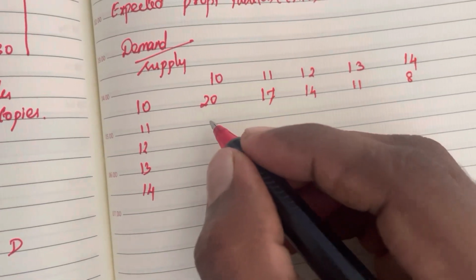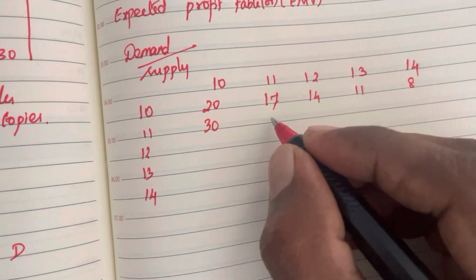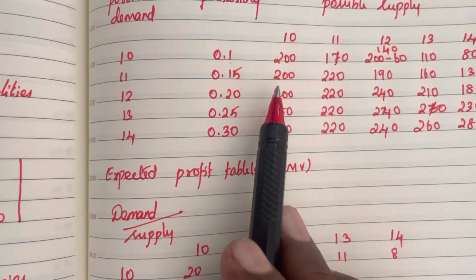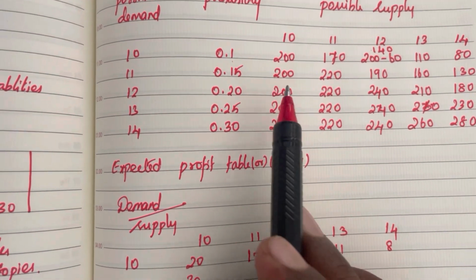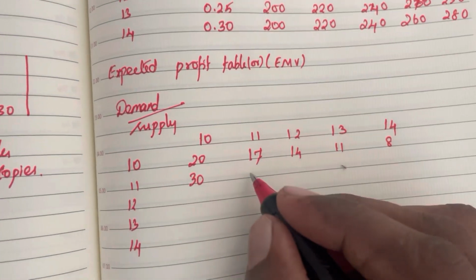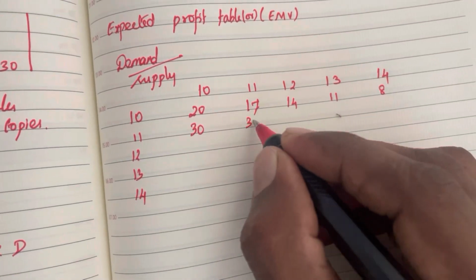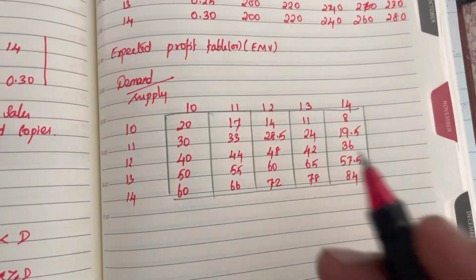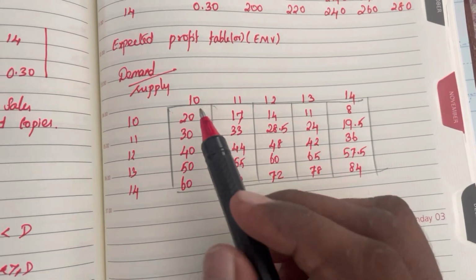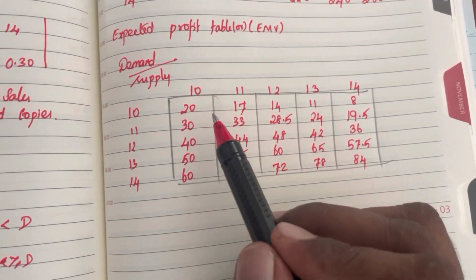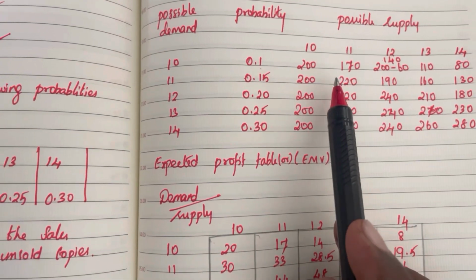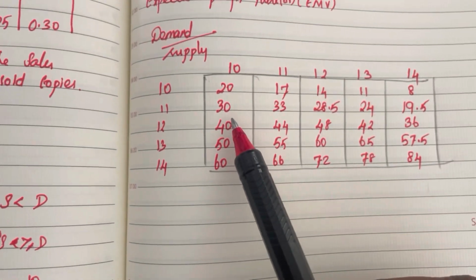And the next thing is 30. Here we are just multiplying the probability with the conditional profits. Okay, so 30 here, 33, 28. Now we have calculated all the expected money value table values, that is your probability into the conditional profits, that will give you the expected money value.